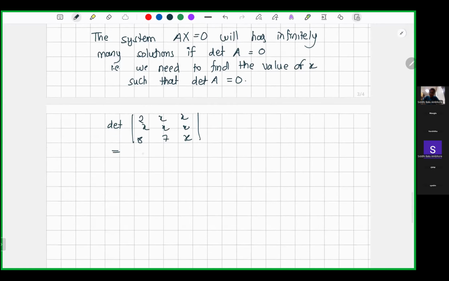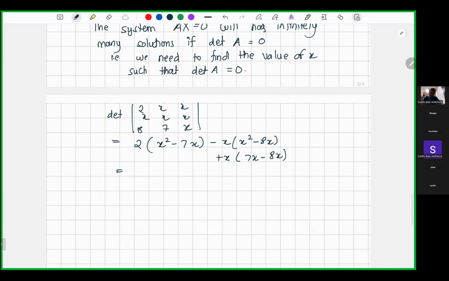And this is 2 into x square minus... let me just calculate.